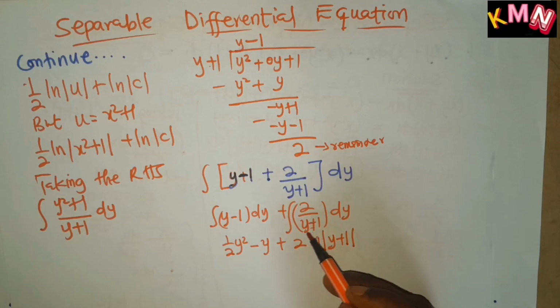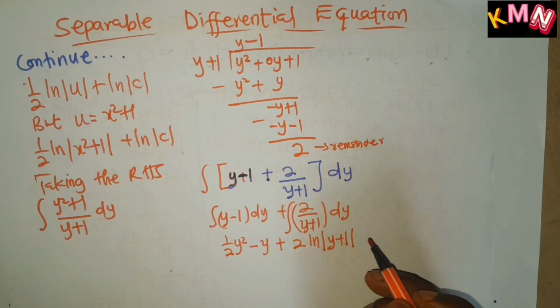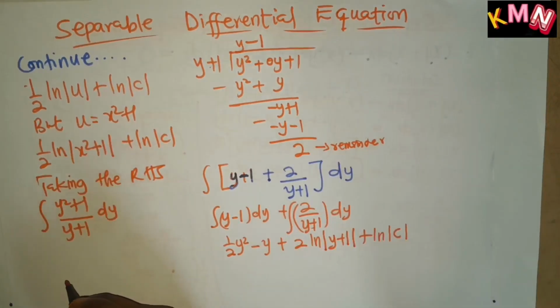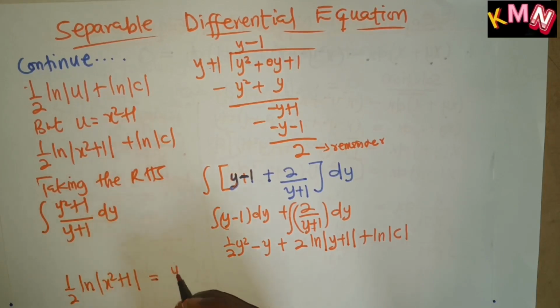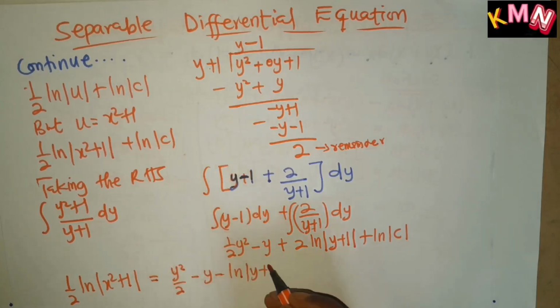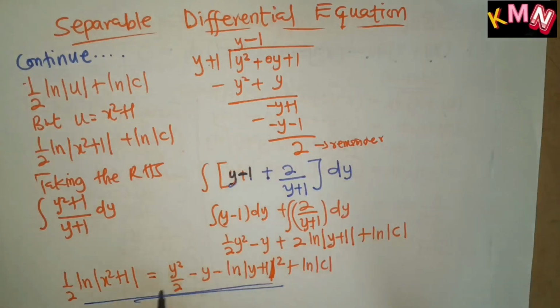And because when we try to differentiate this, we're going to get a number which is the same as the numerator. Then plus our ln c. We are getting half ln of x squared plus 1 equals y squared on 2 minus y plus 2 ln of y plus 1 plus ln c. If you like, you can further simplify this or can choose to leave it this way.